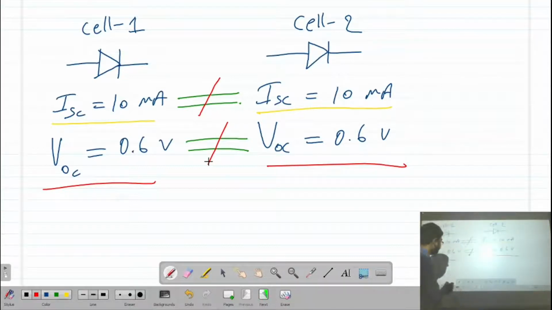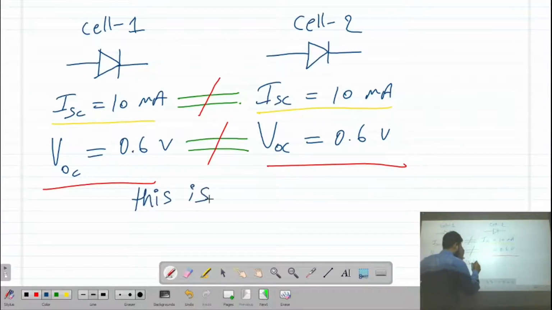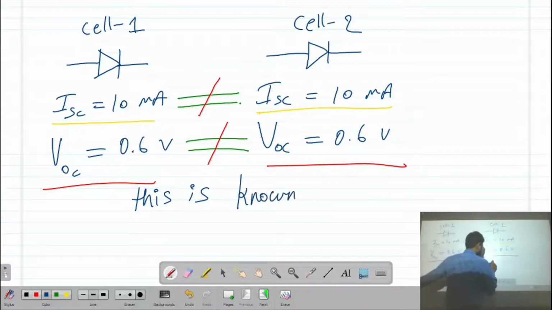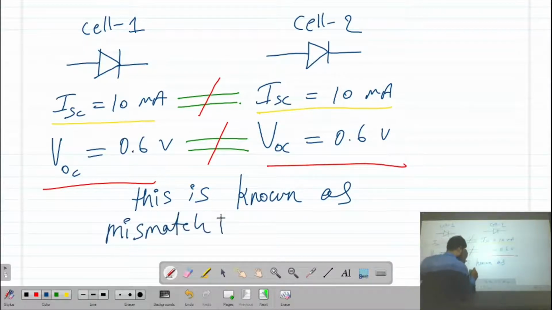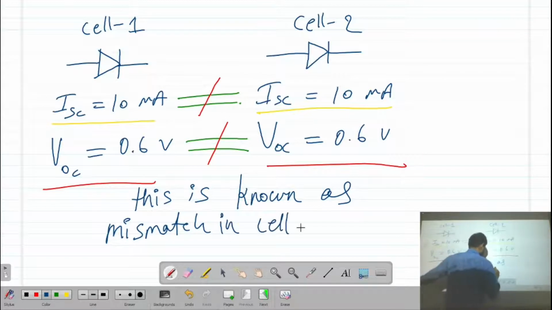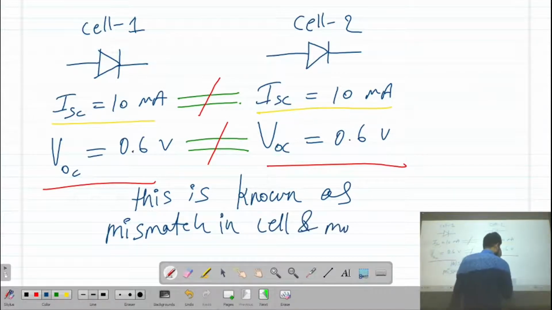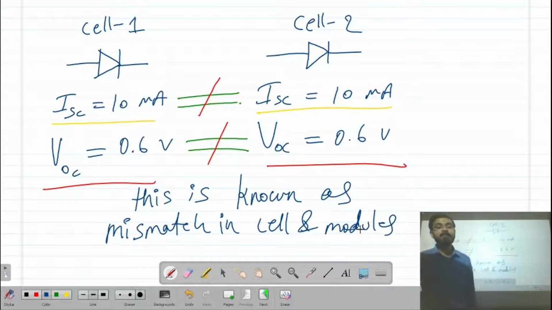This is nothing but the mismatch in cell and modules.